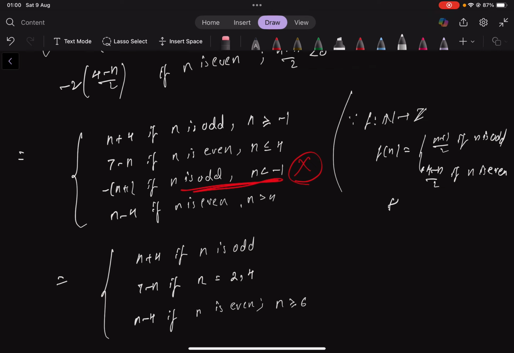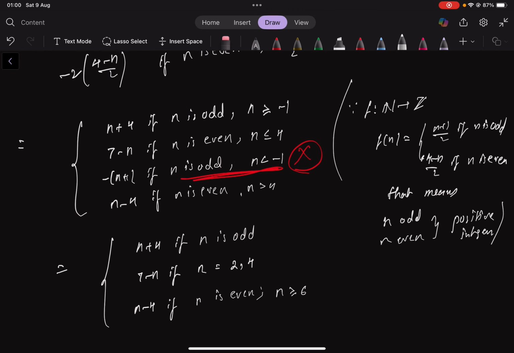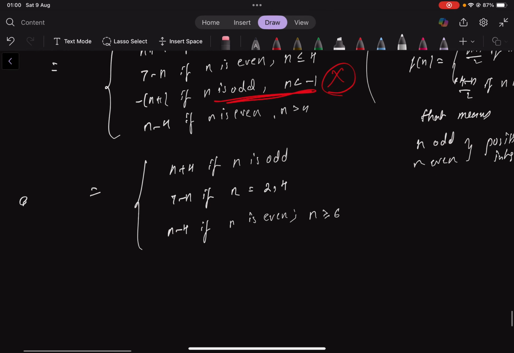So that means this n odd and n even refers to only positive integers. That is the reason why this third case is not possible, and even in the first case it should be strictly positive, and in the fourth case we're anyway having a positive. So this is our g of f of n.